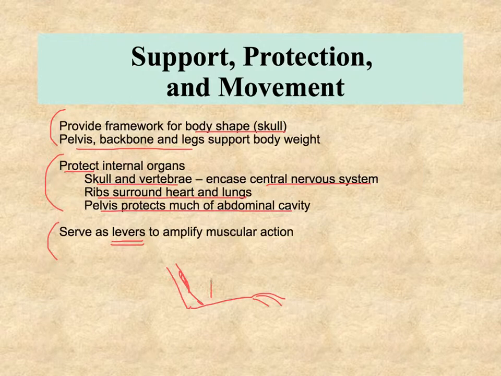And if it contracts, then your hand will also move. A little tiny movement of contraction leads to a large amount of movement down at the end of your arm. That's the characteristic of a 3rd class lever, that a small change at the force here gives you a large change down at the end, and that's quite helpful for us with all the movement that we do with our bodies.